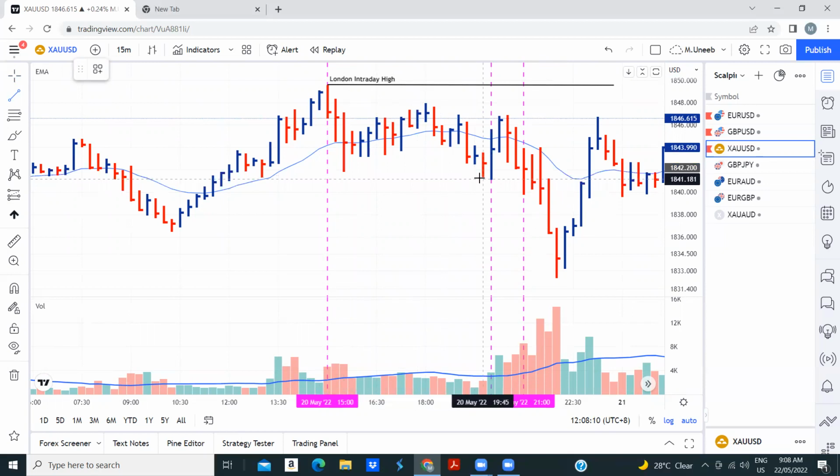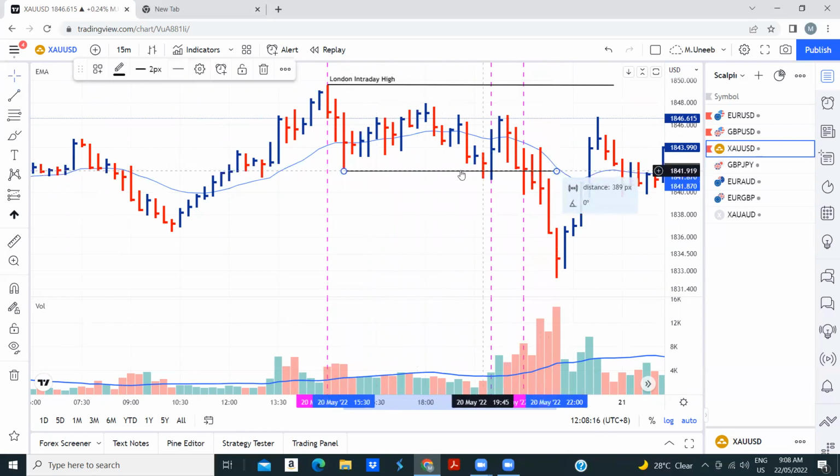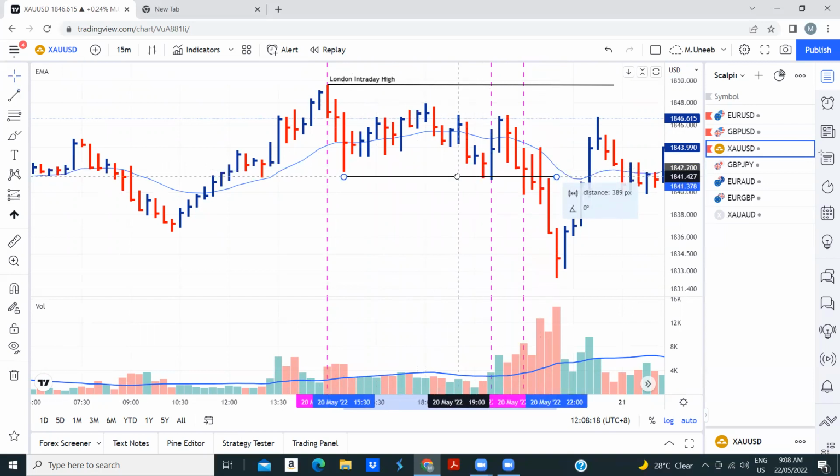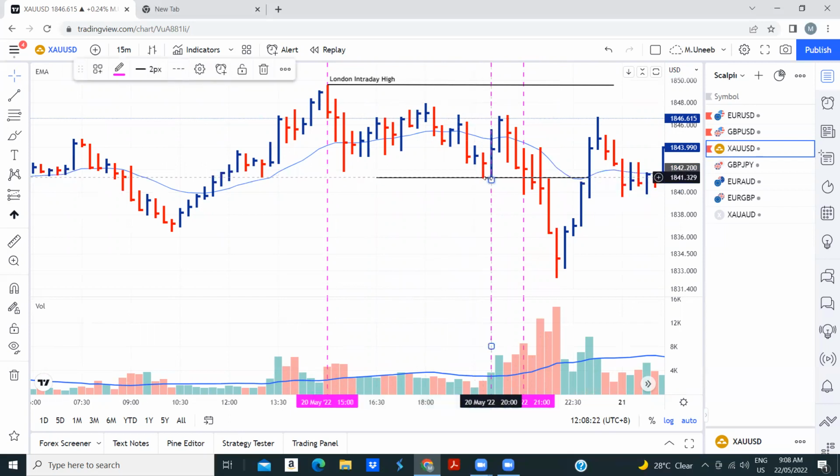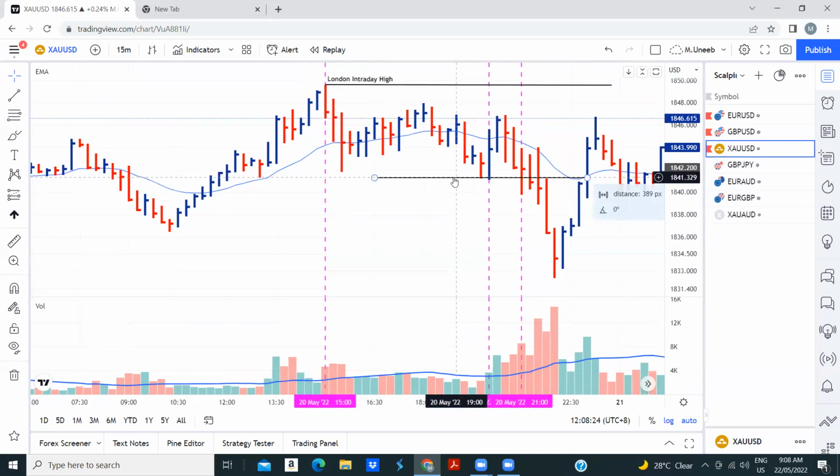Our last significant low over here was this one, right? Because we are analyzing a trade.